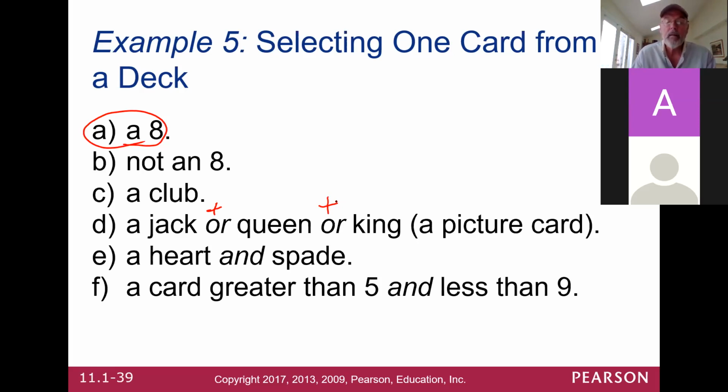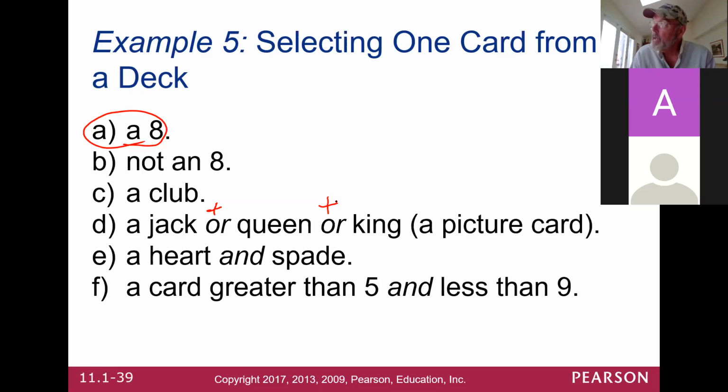And that's what we could do here to get that idea going. Okay, so what is a heart or a spade? That'd be 50%.